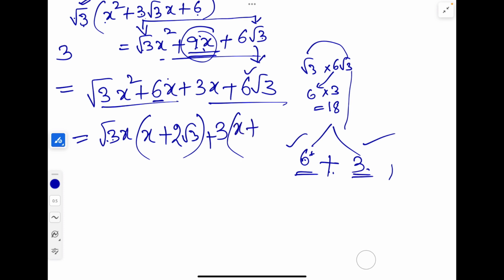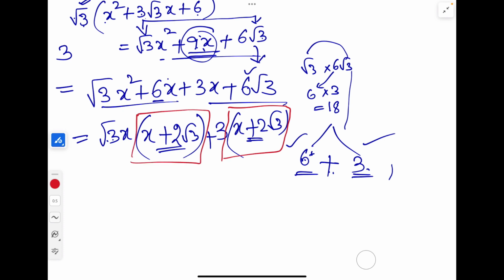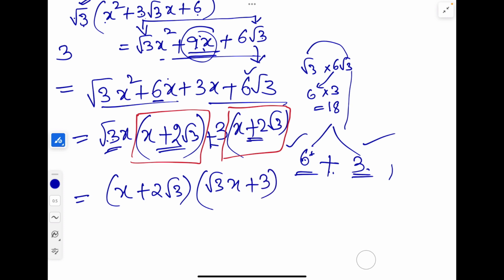So x plus 3 times 2 is 6, so 2 root 3. Same we got, right? Now what is common here? X plus 2 root 3 is common. Whatever is common, write it, and whatever is left, write down: root 3x plus 3.